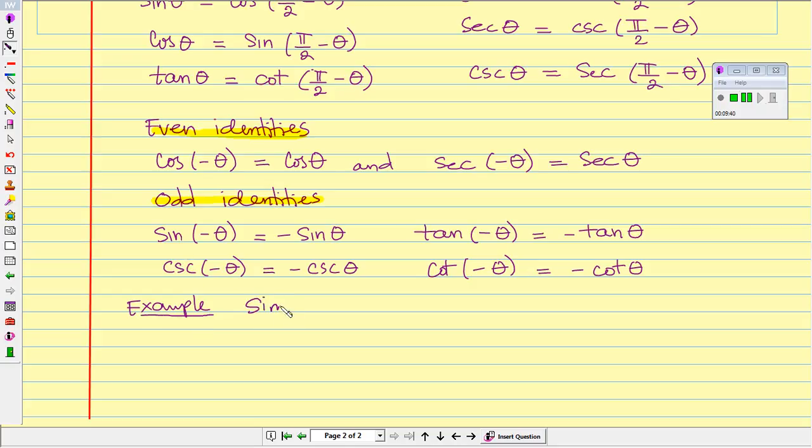In this example, we are asked to simplify a trigonometric expression. The given expression is cosecant of theta times secant of theta minus cotangent of theta.